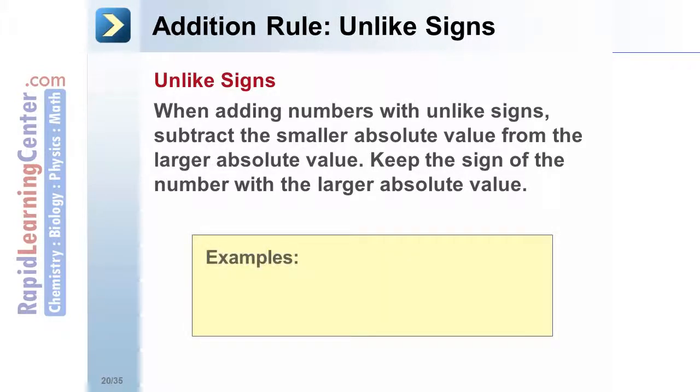Example 1. 9 plus negative 7 equals 2, because the larger value of 9 is positive. Example 2. 1 plus negative 4 is the same as the opposite of 4 minus 1. Both expressions equal negative 3.